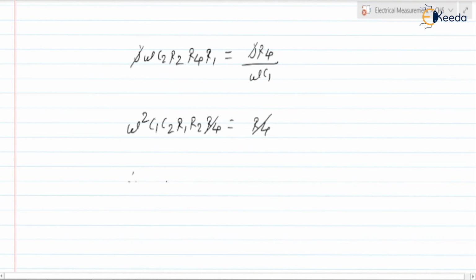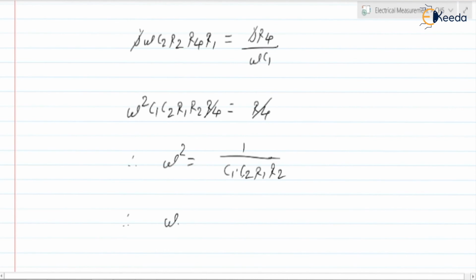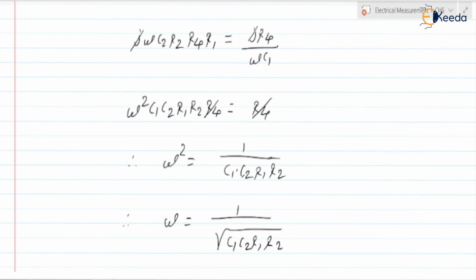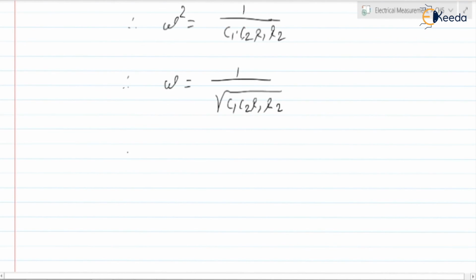Therefore omega square is equal to 1 upon C1 C2 R1 R2, so omega is equal to 1 upon the square root of C1 C2 R1 R2. For frequency in hertz, omega is 2 pi f, so f is equal to 1 upon 2 pi square root of C1 C2 R1 R2.